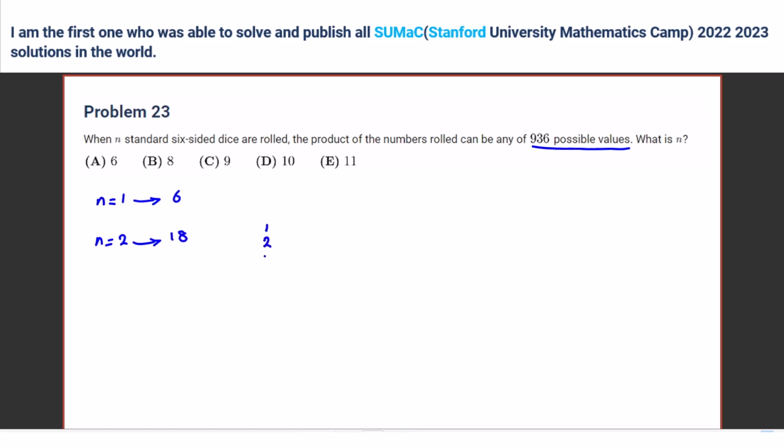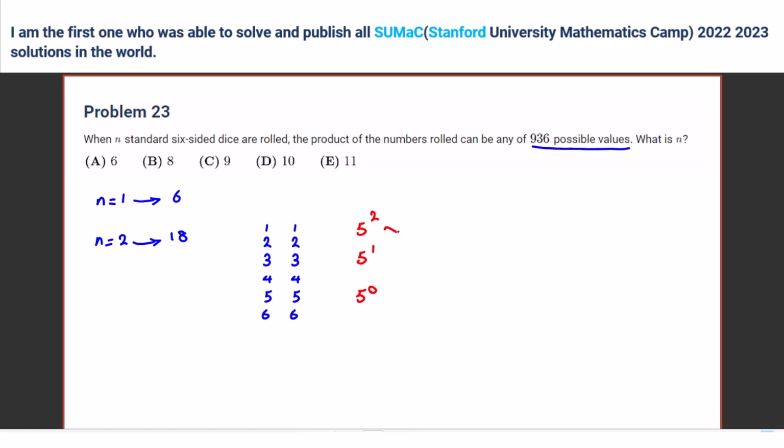Here we have 1, 2, 3, 4, 5, 6. Let's copy them again. So, let's consider the power of 5. We can have 5 squared or 5 to the 1 or 5 to the 0, right?